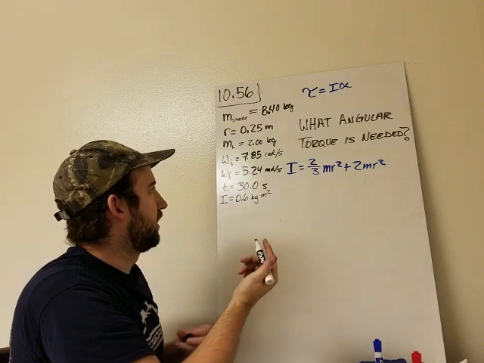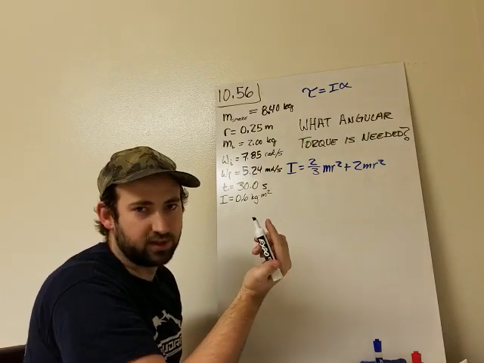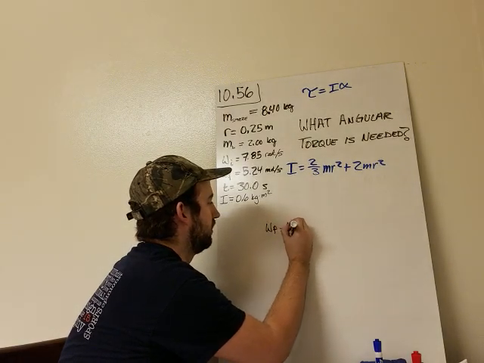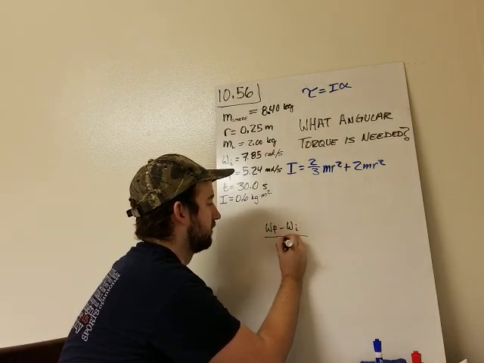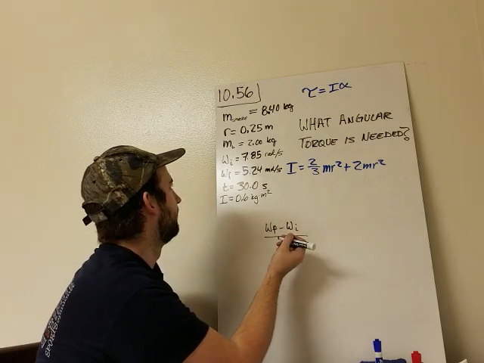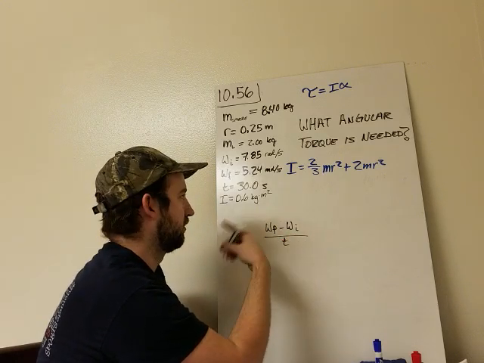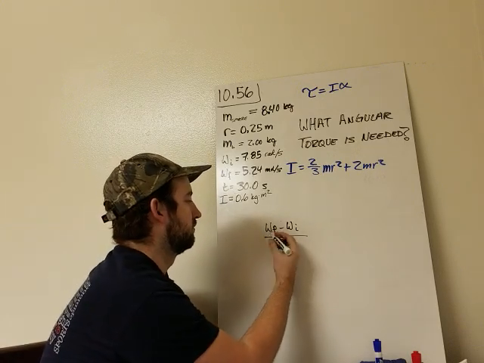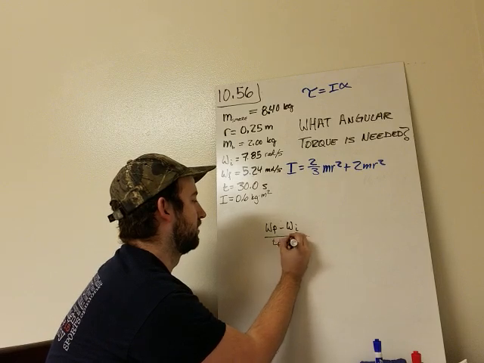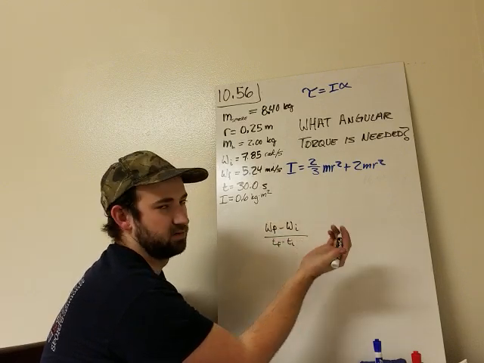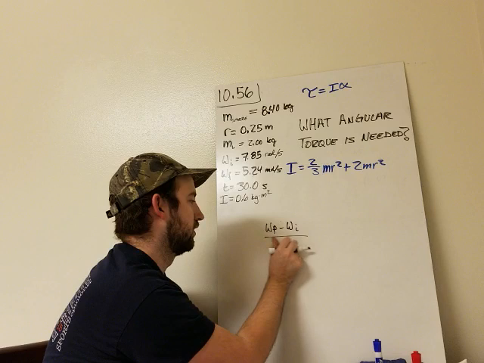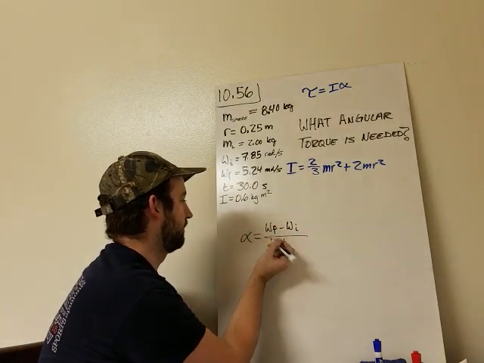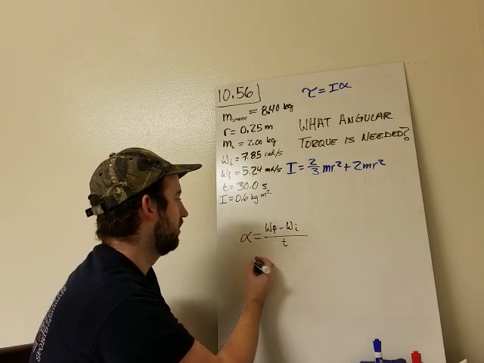Now we need to find the angular acceleration, which we do by finding the difference in the angular velocities over the time. Since we can start the time at 0, technically it would be t final minus t initial, but since the initial is 0, we can just say time. So that's what our angular acceleration equals.